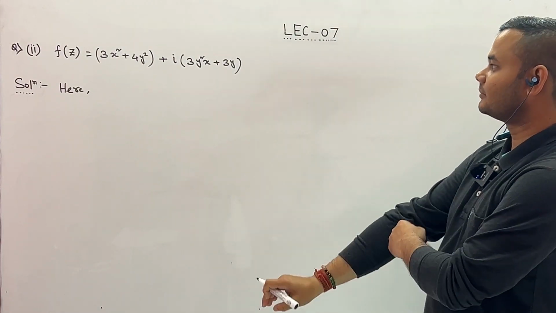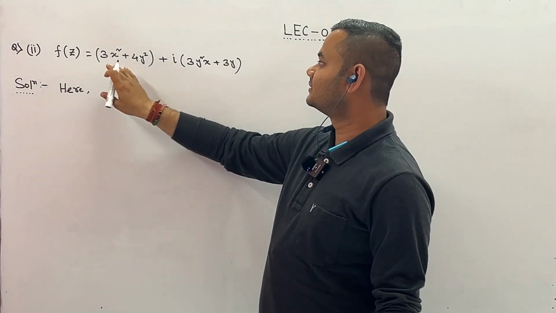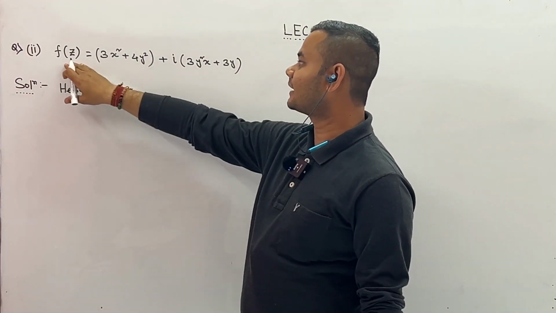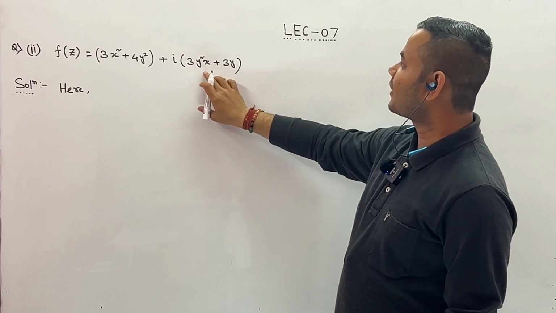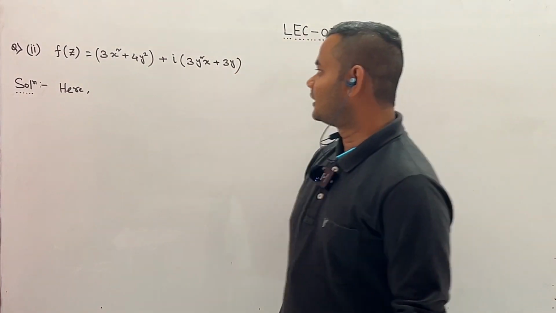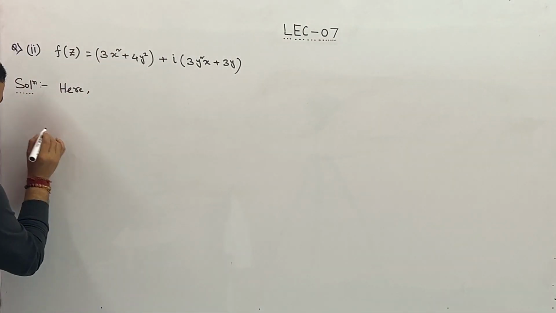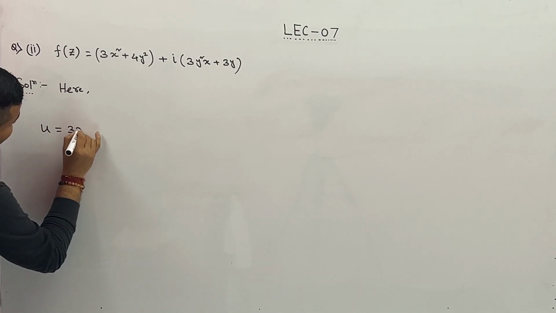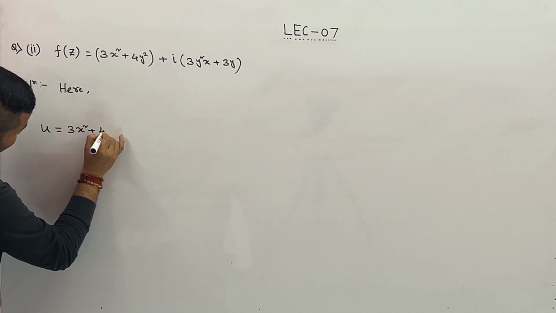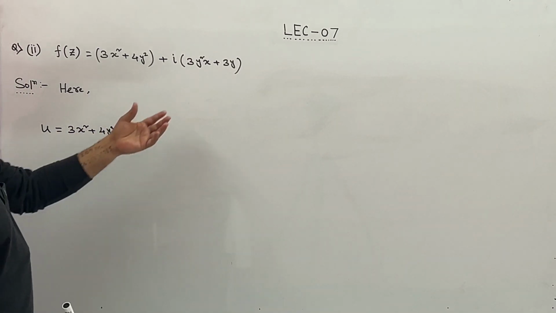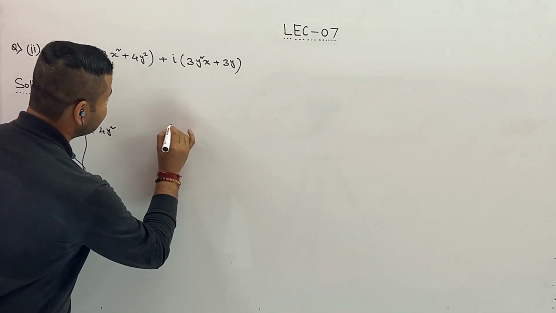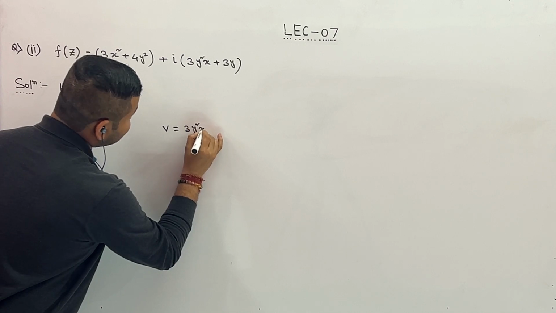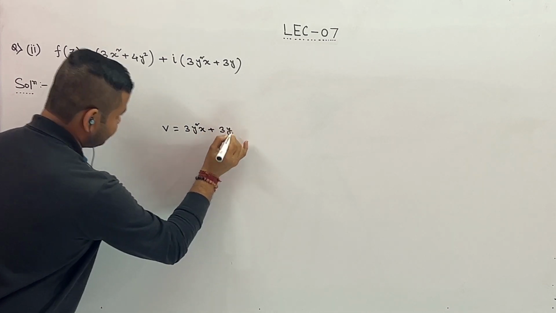According to the second problem, the real part of f of z is 3x square plus 4y square and the imaginary part of f of z is 3y square x plus 3y. That means here u is equal to 3x square plus 4y square and v, that means the imaginary part of f of z, is 3y square x plus 3y.